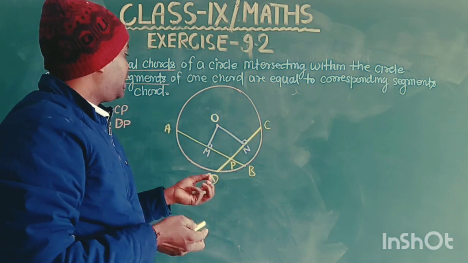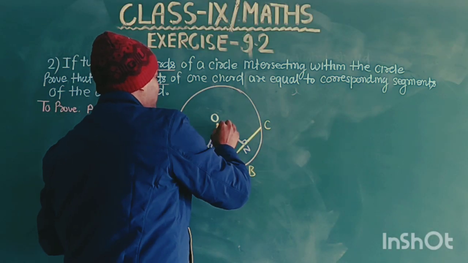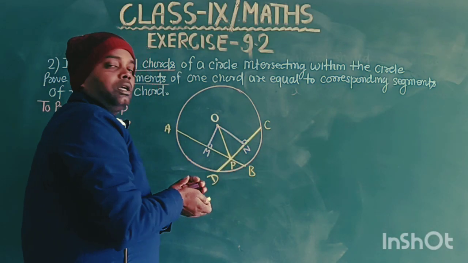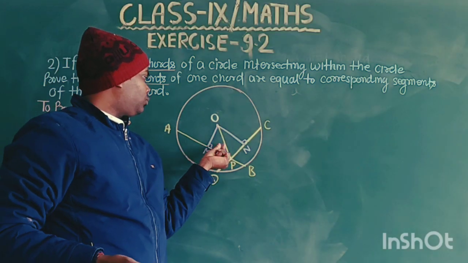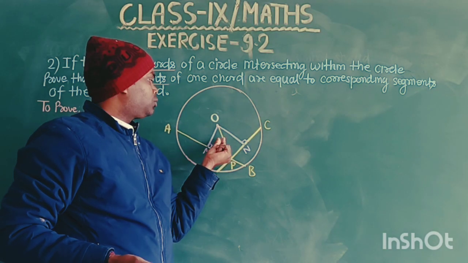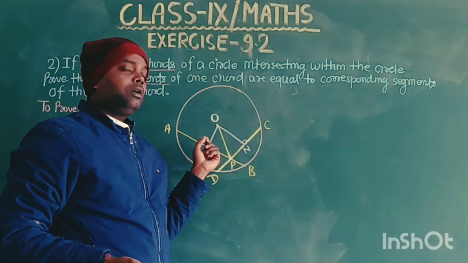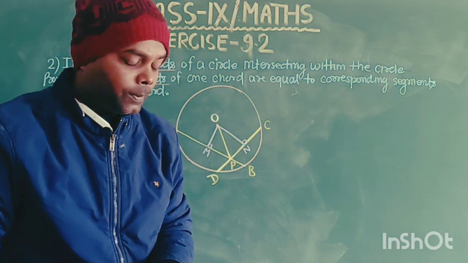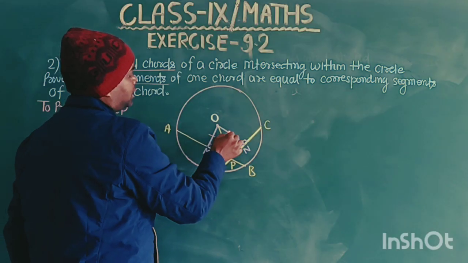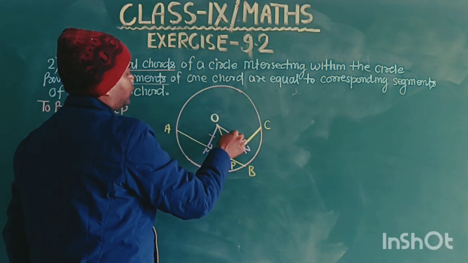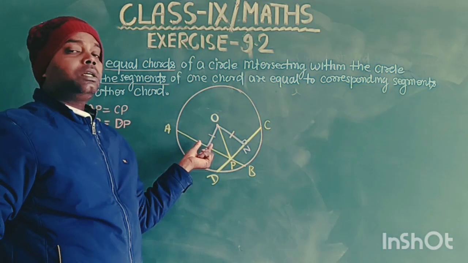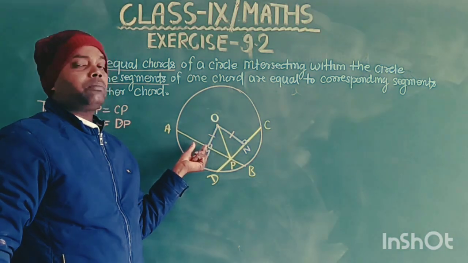For this we have to join O to P in the figure. So here we get two triangles. First we have to prove these two triangles are congruent. So check in both the triangles we have OM equal to ON, as we know that equal chords are at equal distances from the center.